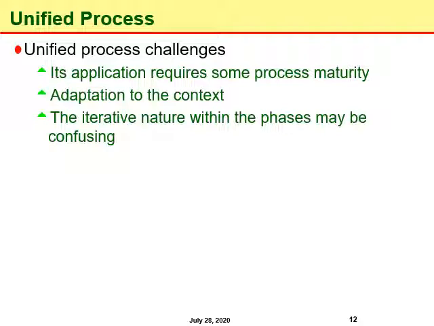Then the iterative nature within the phases may be confusing because the phases make the unified process look like a waterfall model. Overall, the unified process is a comprehensive development process that must be adapted to the specific organization's needs before it can be applied.